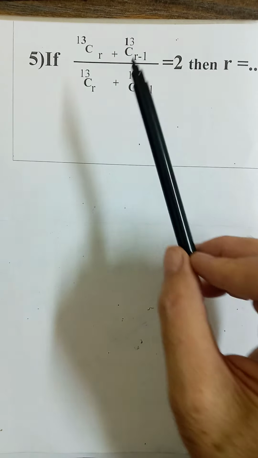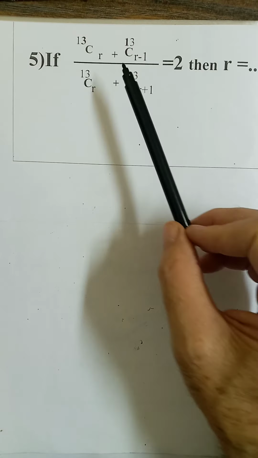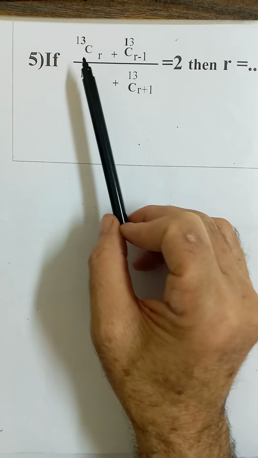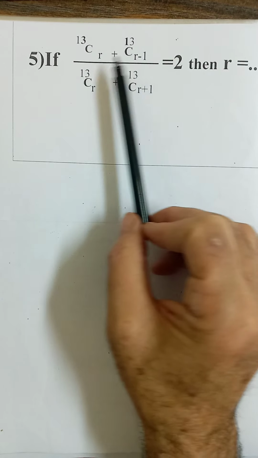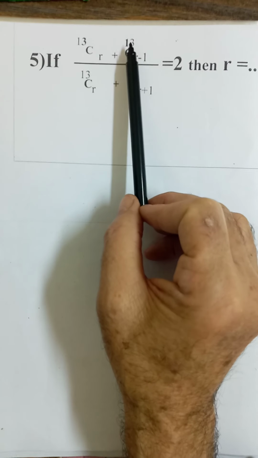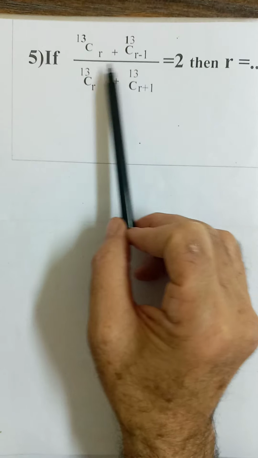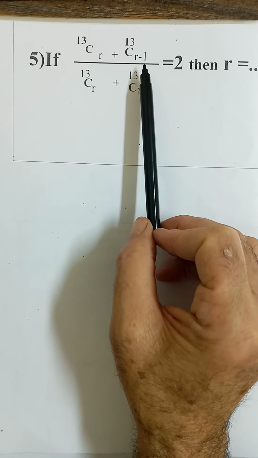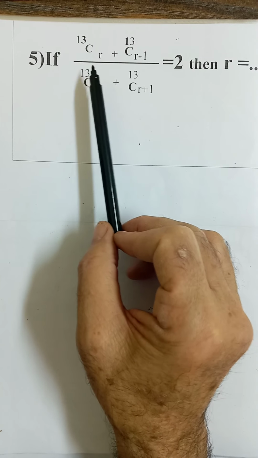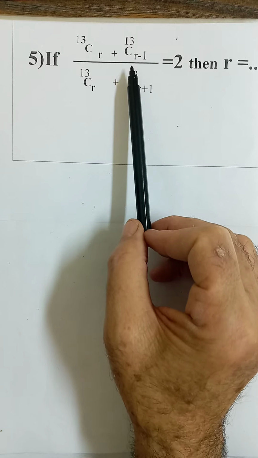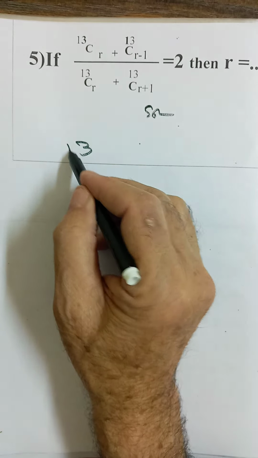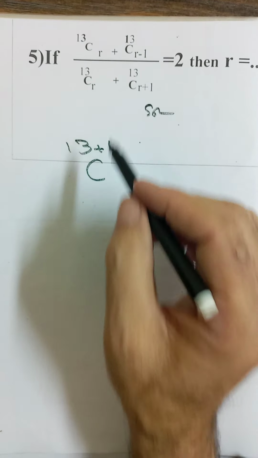Who is the bigger? R. When you add these combinations, add one to the upper and write the bigger. Who is the bigger, R or R minus 1? R. Therefore, 13CR plus 13CR minus 1 equals 14CR.